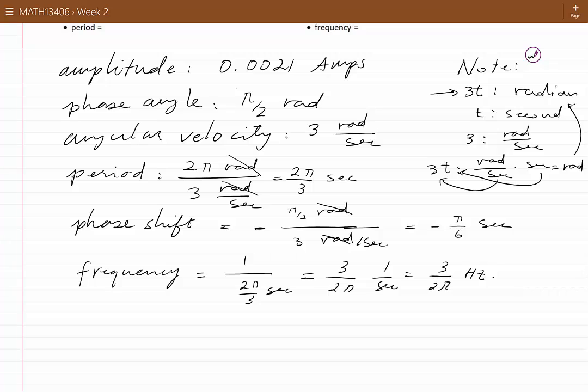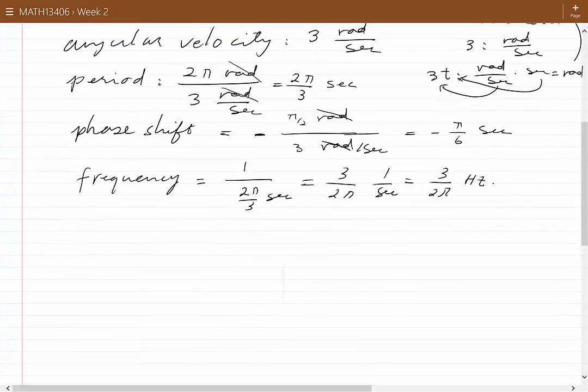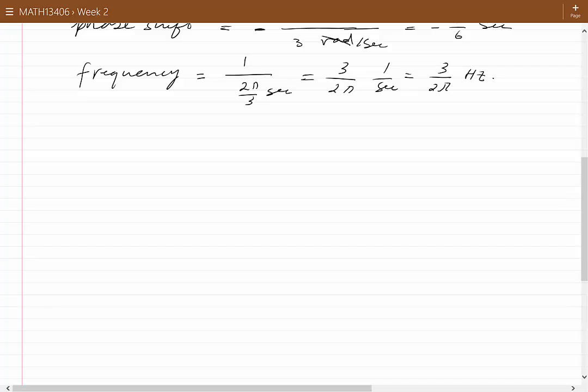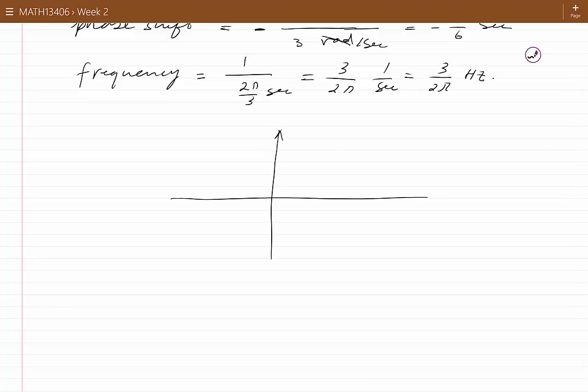Now, having found all these quantities, we can look at the graph of the current versus time. Time is in seconds and the current is in amps.